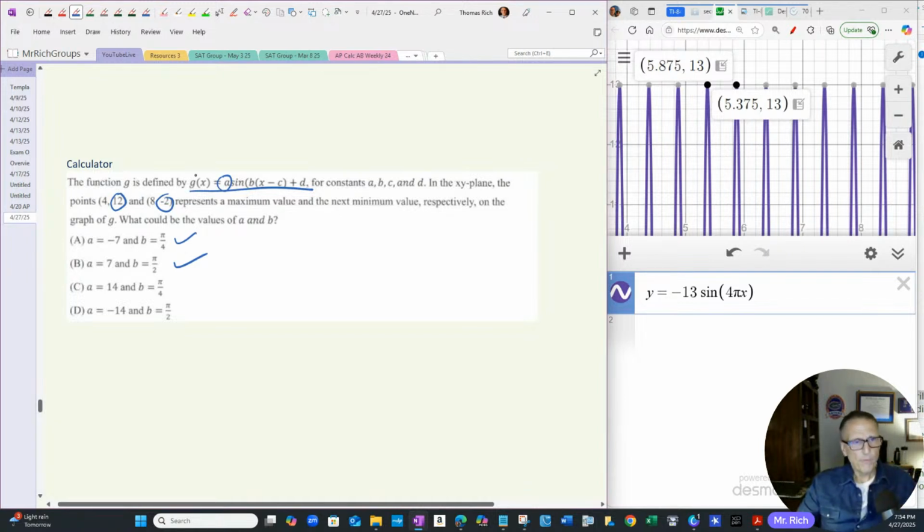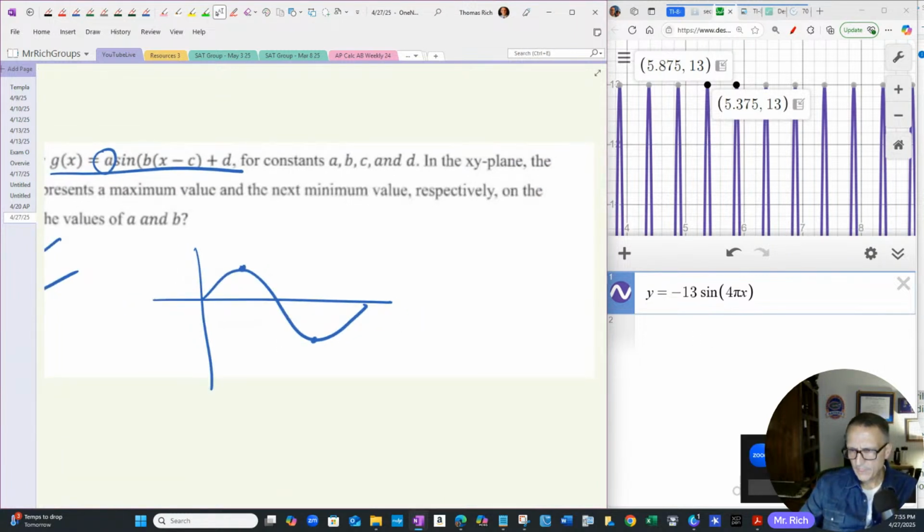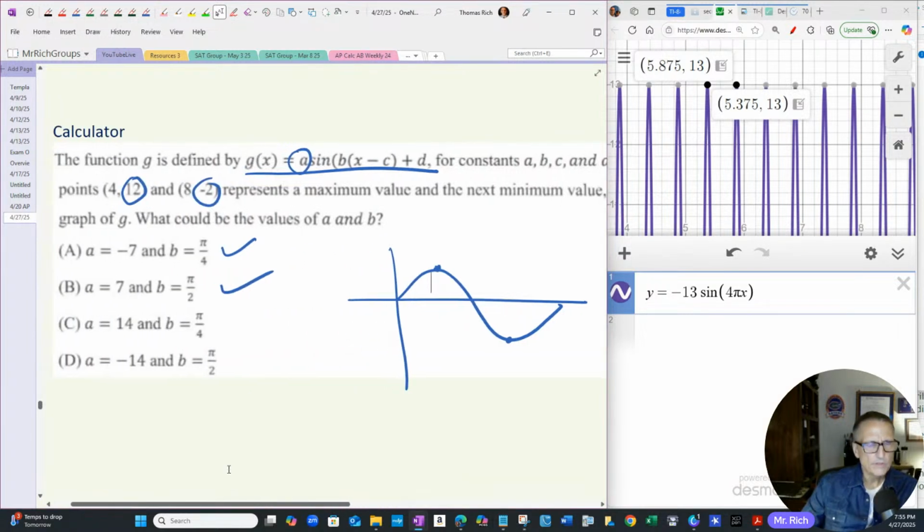All right, now what about the period? Let's take a look at just a typical sine function. The distance between a max and the next minimum is only half of a period. They've given us the x values, so 8 minus 4 is 4 units.